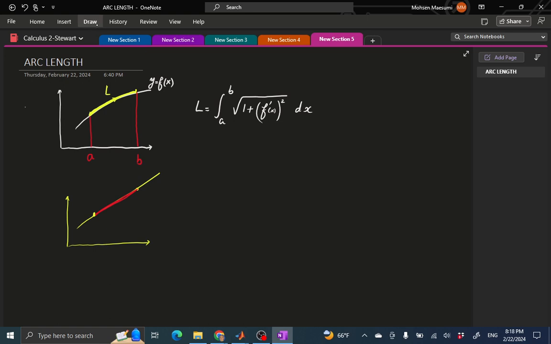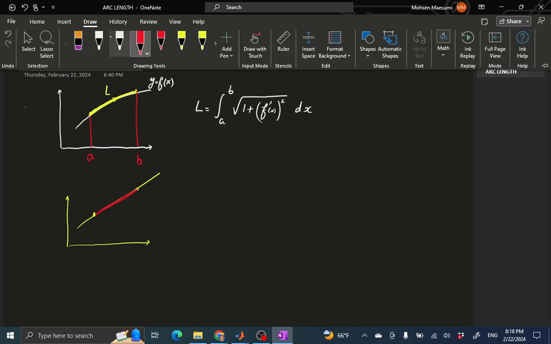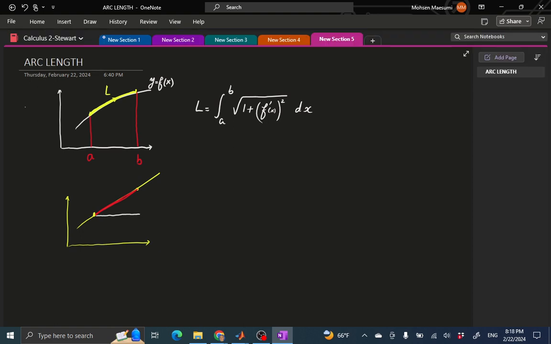You have done this back in pre-calculus or college algebra. You find out the run, find out the rise. So this is the run and this is the rise. Typically you have some notation for these things, like delta x, and this one delta y. The length that you want to calculate is the hypotenuse of a right triangle whose legs are delta x and delta y.